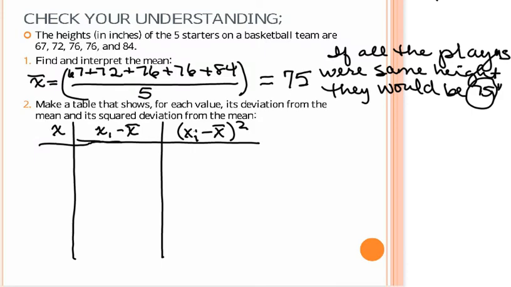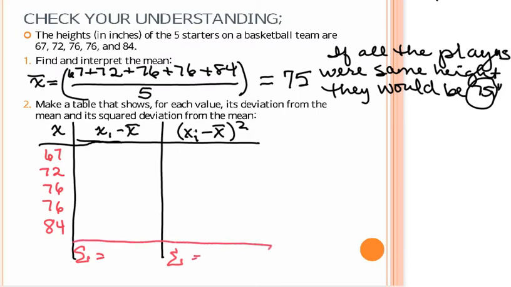Okay, so here we go. Here we have 67, we have 72, 76, 76, and 84. Now we know we're going to have some sums here, so I'm going to go ahead and write those down so I know not to forget to sum.